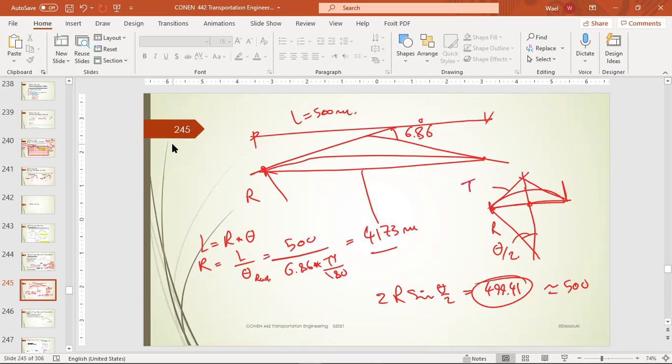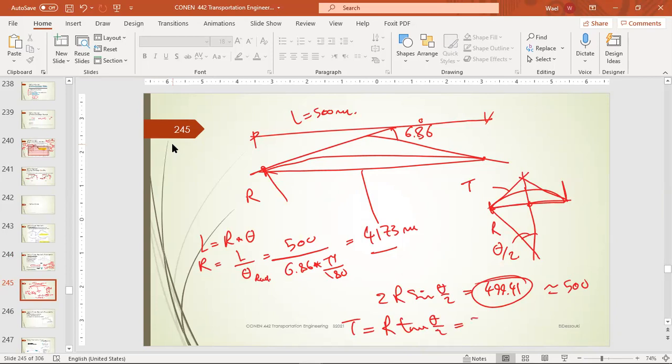Let's see the tangent. The tangent length equals R tan theta over 2. So we have 4173 multiply tan of 6.86 divided by 2.